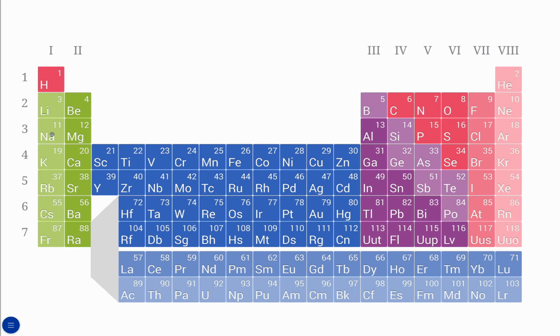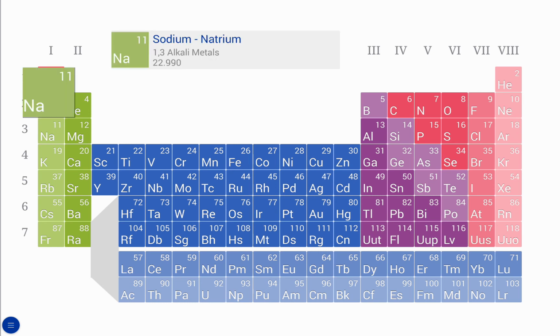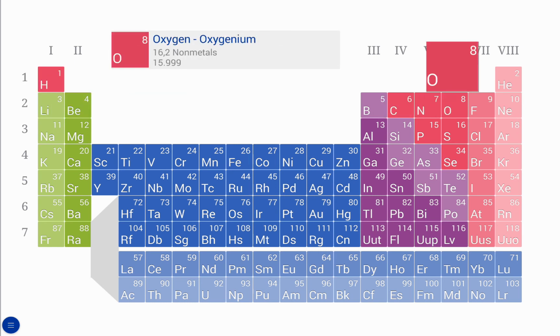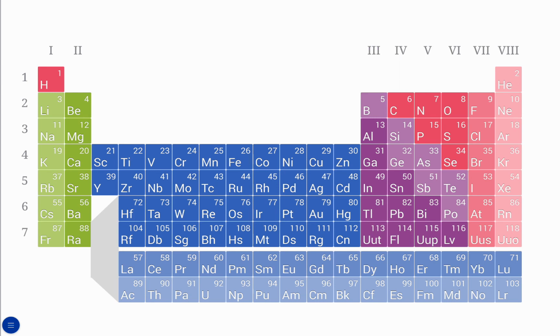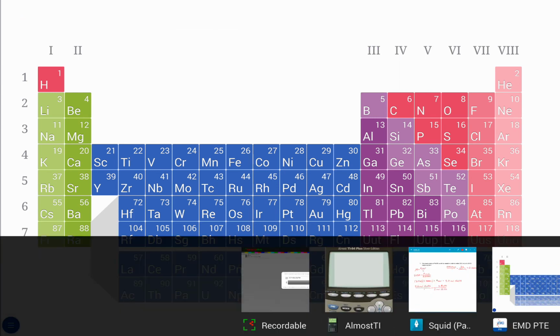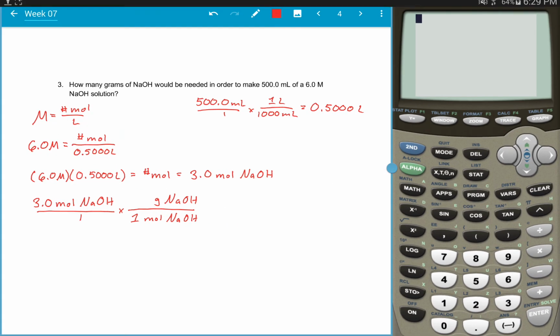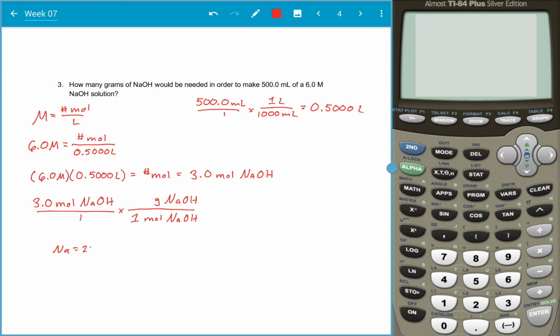So in this formula, we have sodium, which weighs 23, oxygen, which weighs 16, and hydrogen, which weighs 1, which gives us a molecular weight of 40 grams per mole.